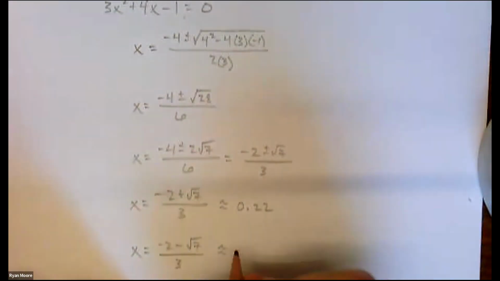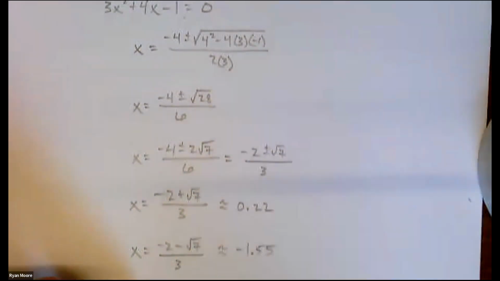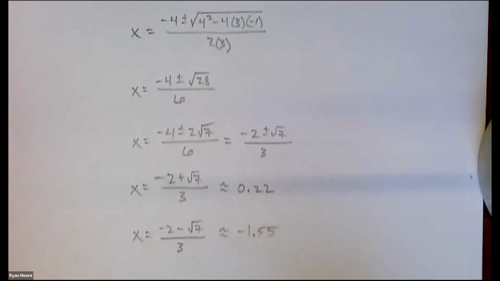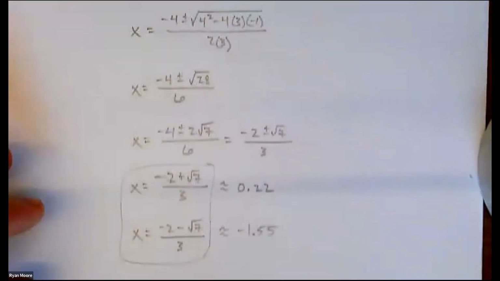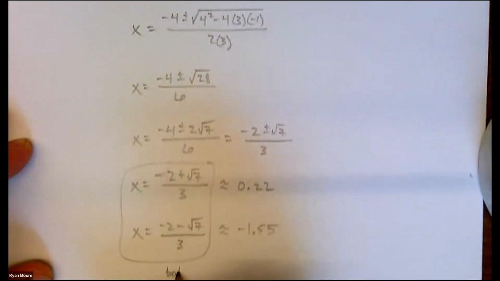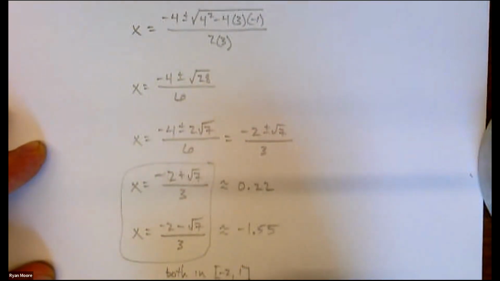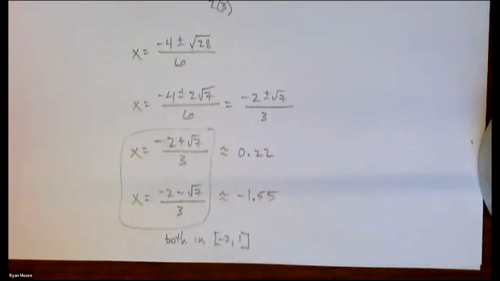This one is negative 0.155. So both of these solutions are in the interval from negative 2 to 1. So we have 2 answers there. Interesting. Okay.